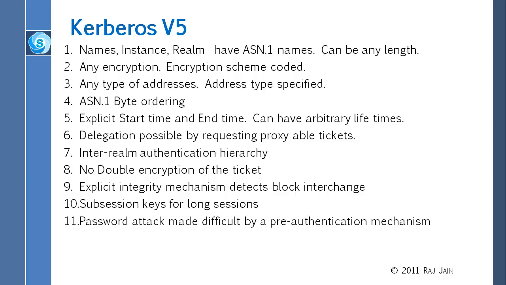So now the encryption scheme is coded. So you'd say that I'm using AES. Any type of addresses can be used. The address type is specified. Byte ordering is ASN.1. There is an explicit start and end time, so there is no business of 1 byte with 5 minutes. So you can have any lifetimes.